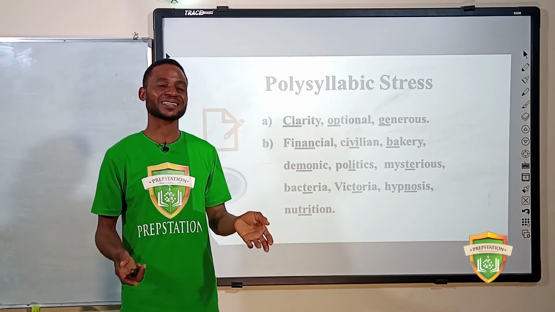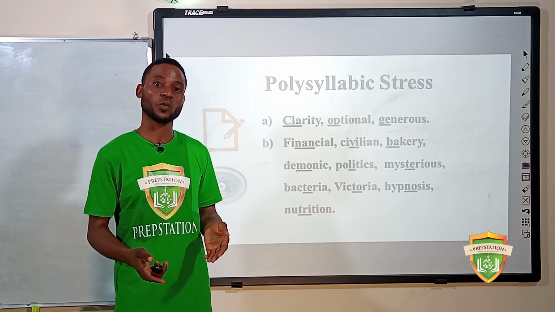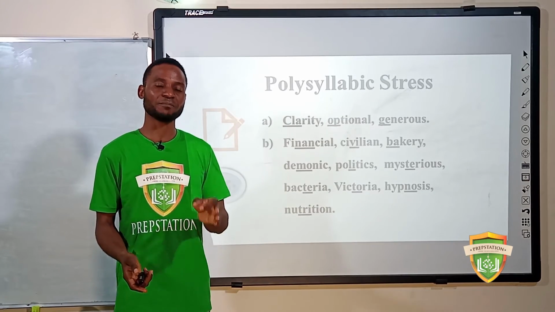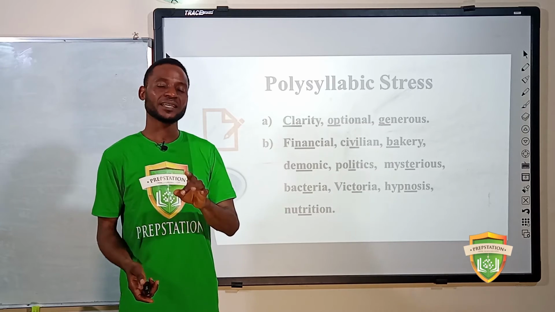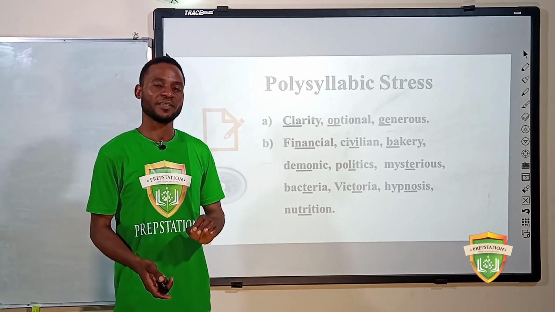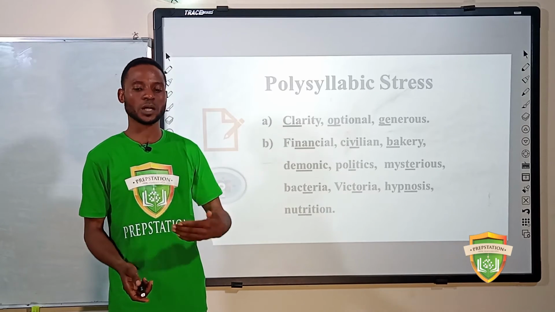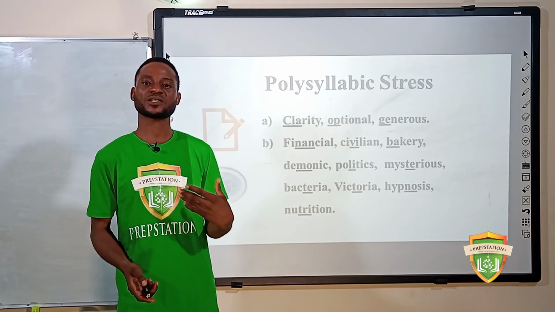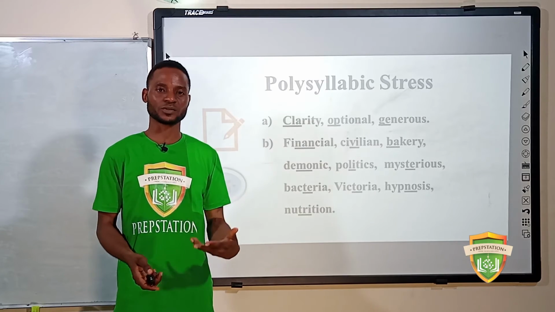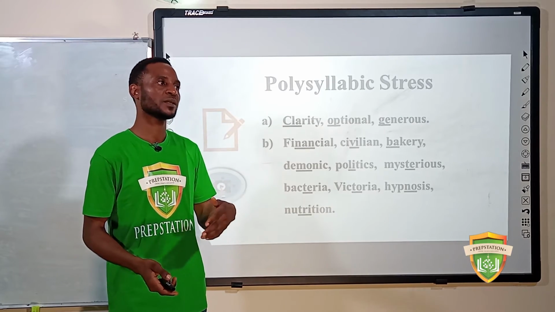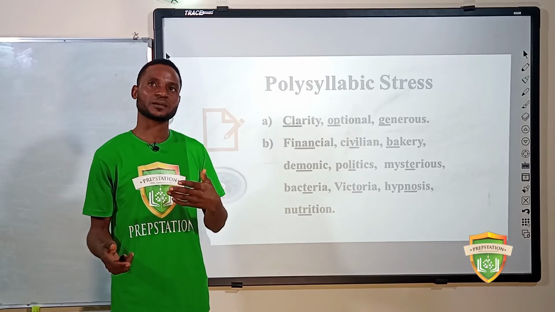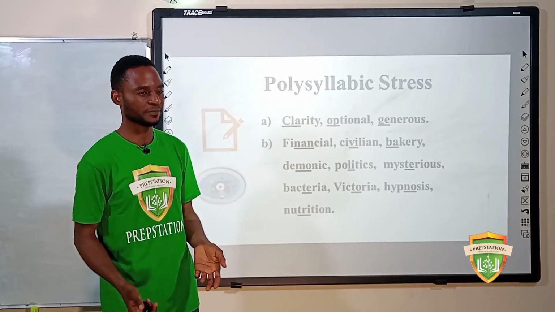As a matter of fact, there are some exceptions, but basically that should guide you. And then for polysyllabic words, we rely on word endings, the suffixes. The suffixes guide us when we want to place the primary stress appropriately.